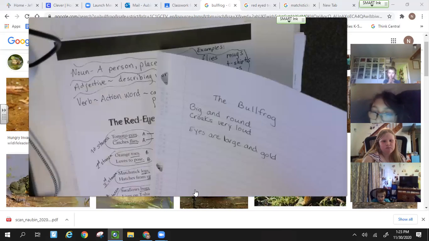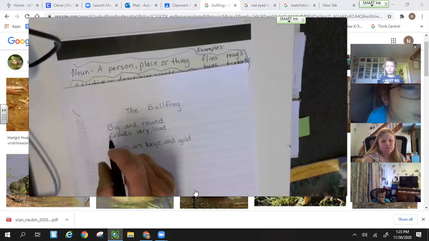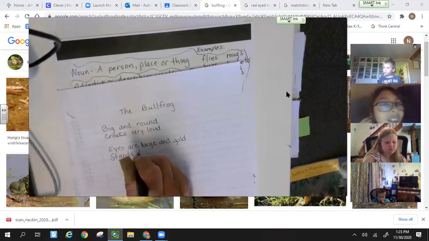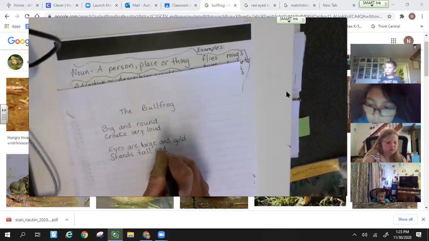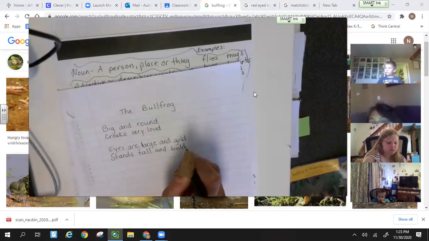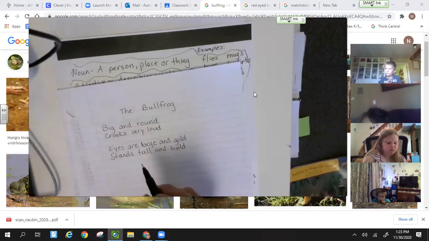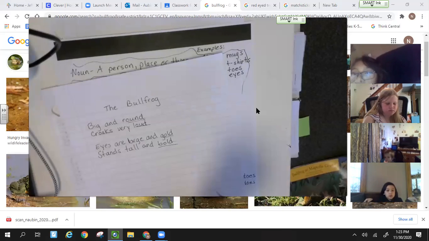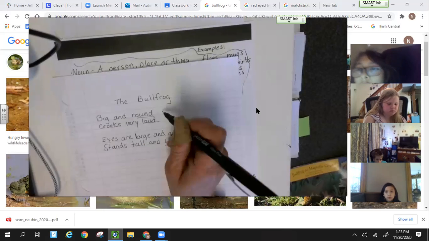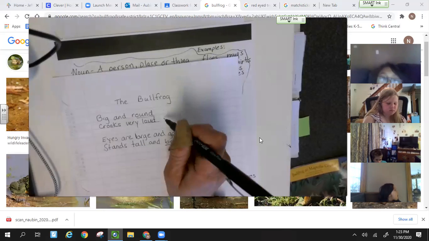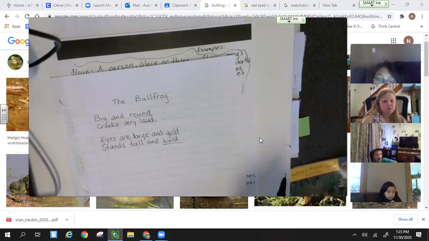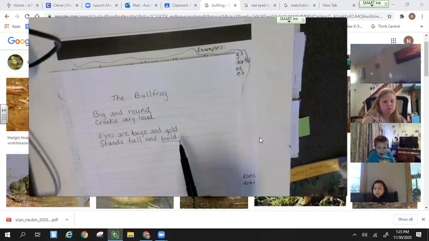Or we'll just say stands, because he kind of stands tall and bold. Because that's telling what he does, right? So now we have round and loud rhyming, gold and bold rhyming. This is describing what it looks like. This describes what it does. This describes what it looks like. This describes what it does. Big and round, croaks very loud. Eyes are large and gold, stands tall and bold.